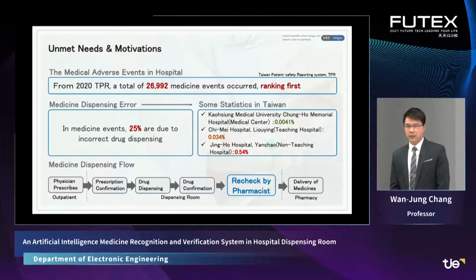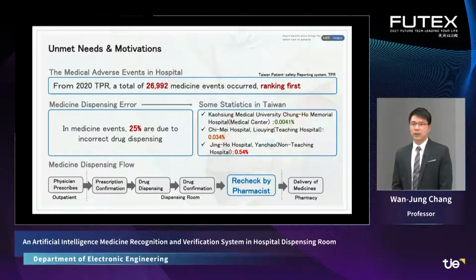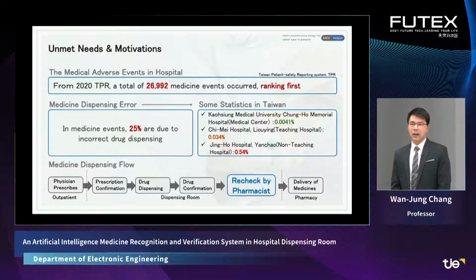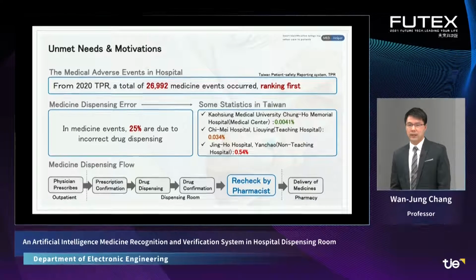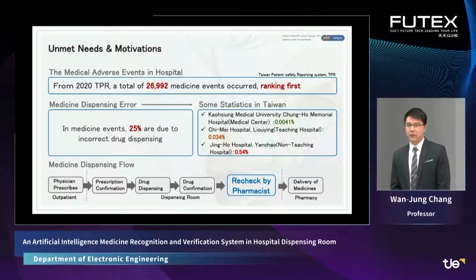In the medical centers, for example, in Kaohsiung Medical University Zhonghe Memorial Hospital, another pharmacist will do a check of the medicines before they are delivered to the patients. From such statistics it can be found that the larger scale of the hospital can achieve lower probabilities of drug dispensation errors.